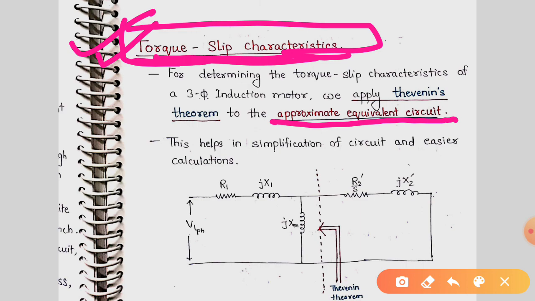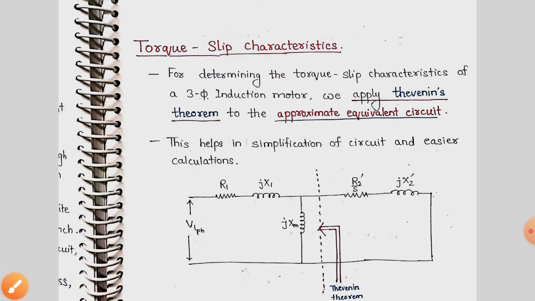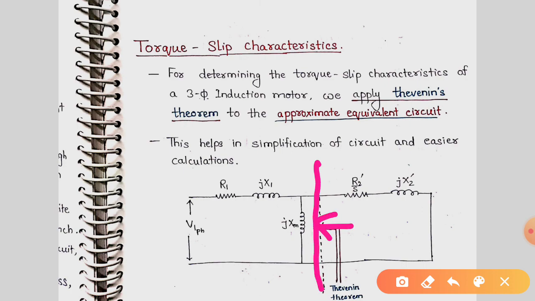This helps in simplification of the circuit and easier calculation. We are applying Thevenin's theorem along this line while seeing from this side. So we need to find VTH as well as ZTH.